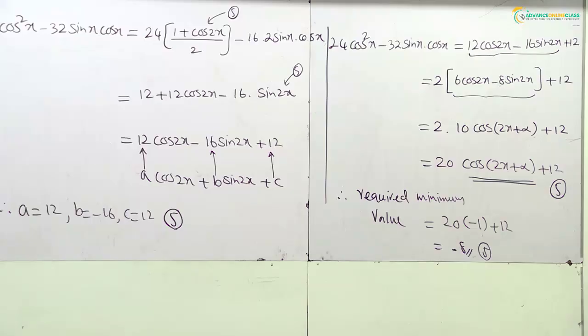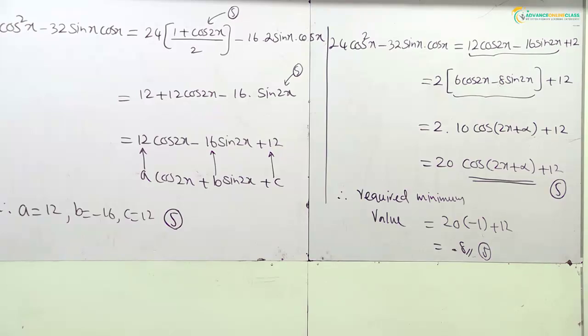Part B. In the triangle ABC shown in the figure, angle BAC is pi by 4 and angle ABC is alpha.